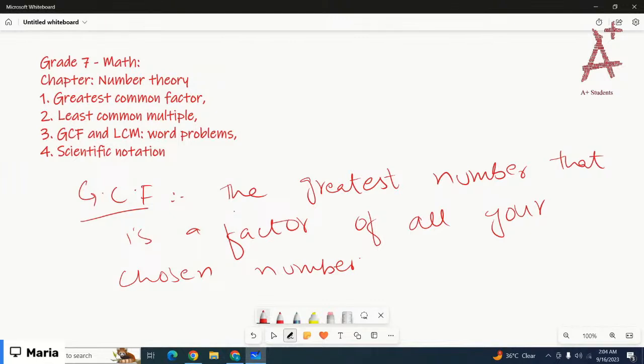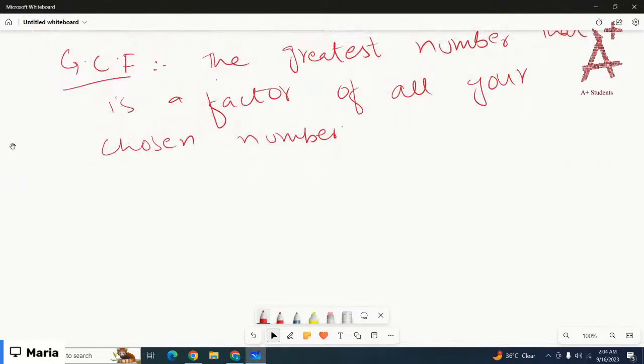A factor is one of two or more numbers. You can note down the definition of the factor as well. Here is the definition of the factor. Please do not confuse factors and multiples; we'll discuss multiples later.